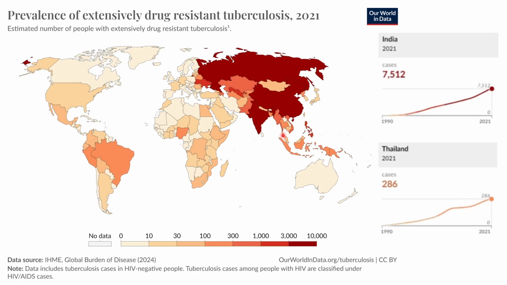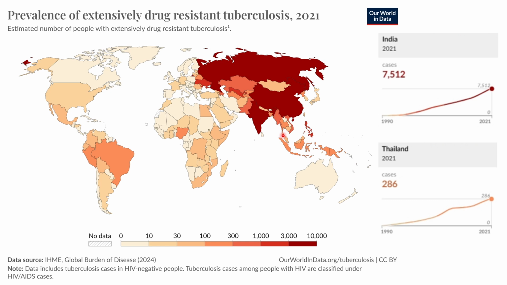But this disease is becoming dangerous in the Asian region mainly because we have drug-resistant bacteria. Drug-resistant bacteria means the bacteria cannot be killed by antibiotics, and this makes the disease very strong.